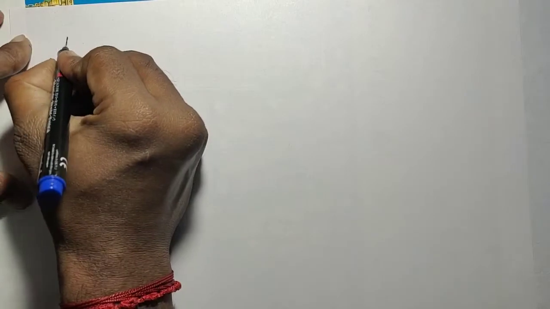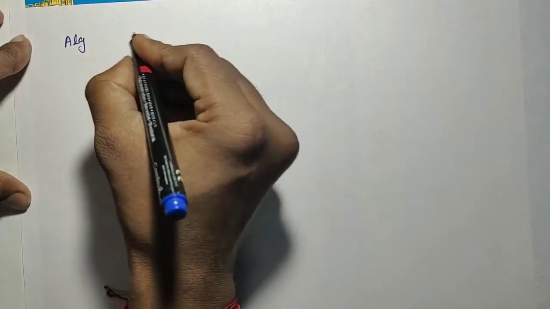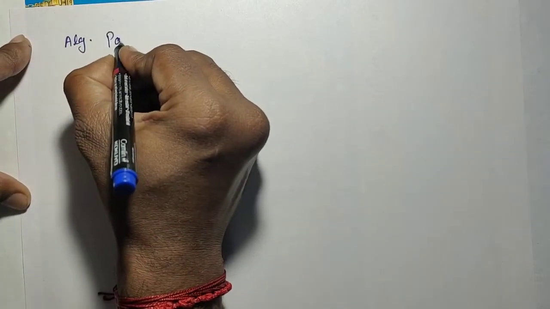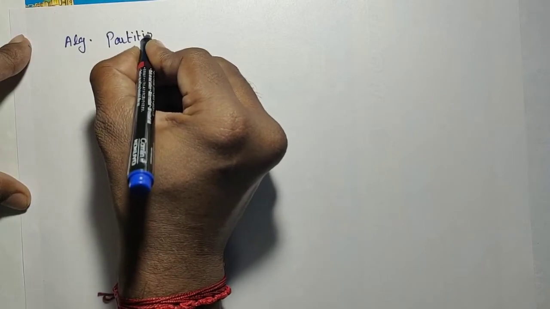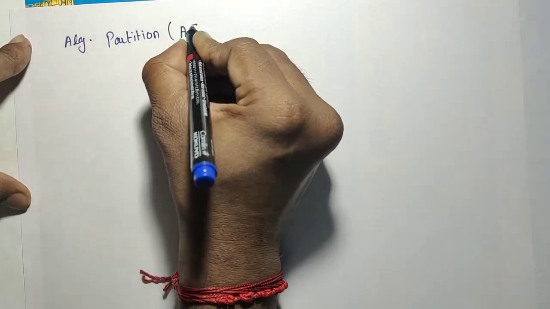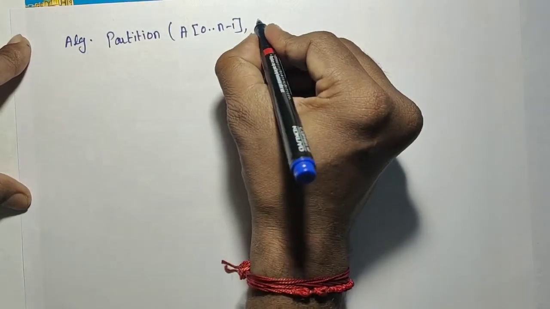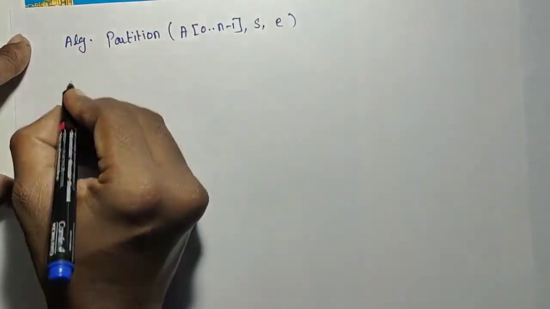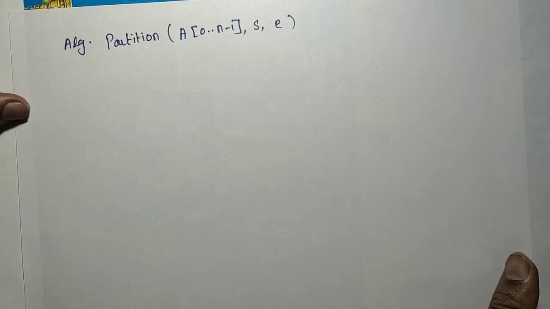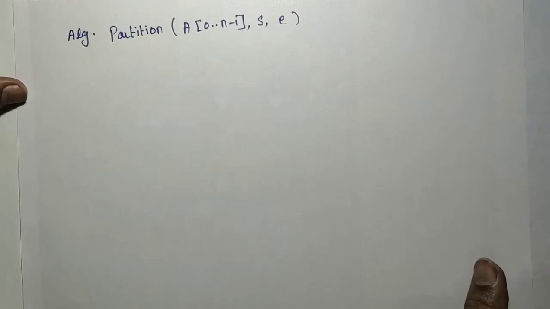So that algorithm we can write like this: algorithm partition. Input is A of 0 to n minus 1, comma S and E, the starting index and end index. We may remember this algorithm, which has very simple steps.